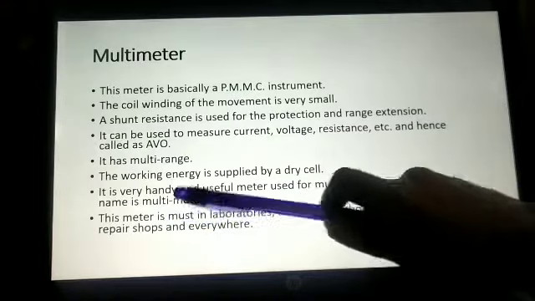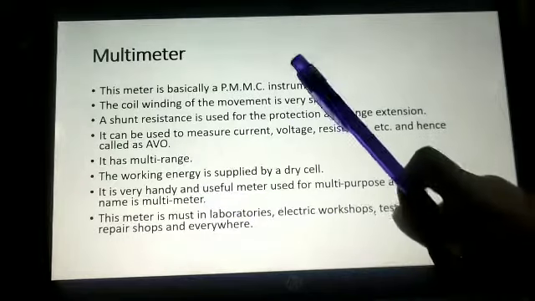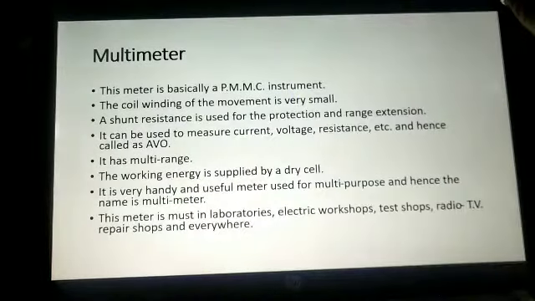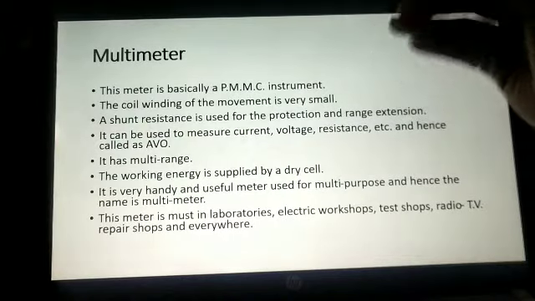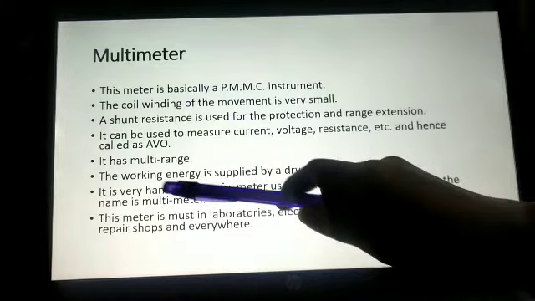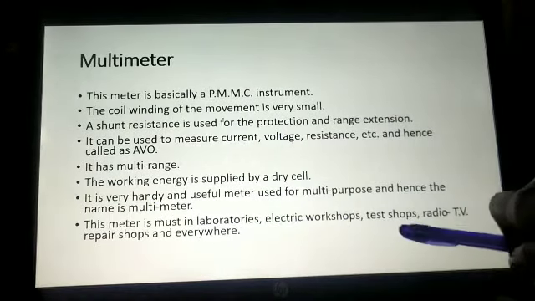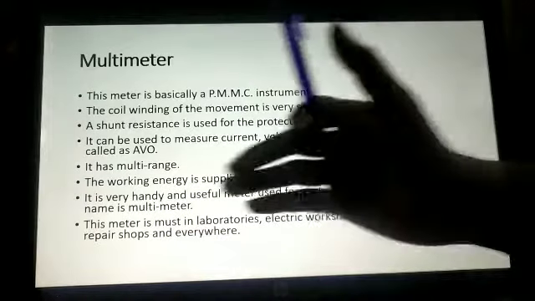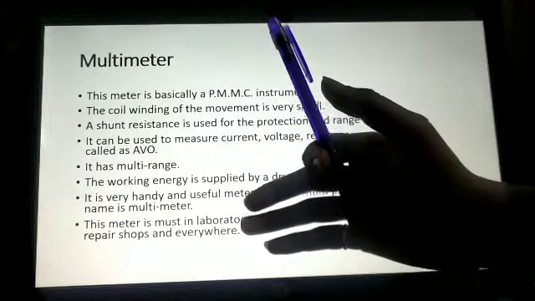It is a very handy and useful meter used for multi-purpose, and hence the name multimeter. It is very handy; we can take it from one place to another. It is used in laboratories, electric workshops, test shops, radio, TV, repair shops and everywhere. Here they have given some applications, and you can mention other applications also.